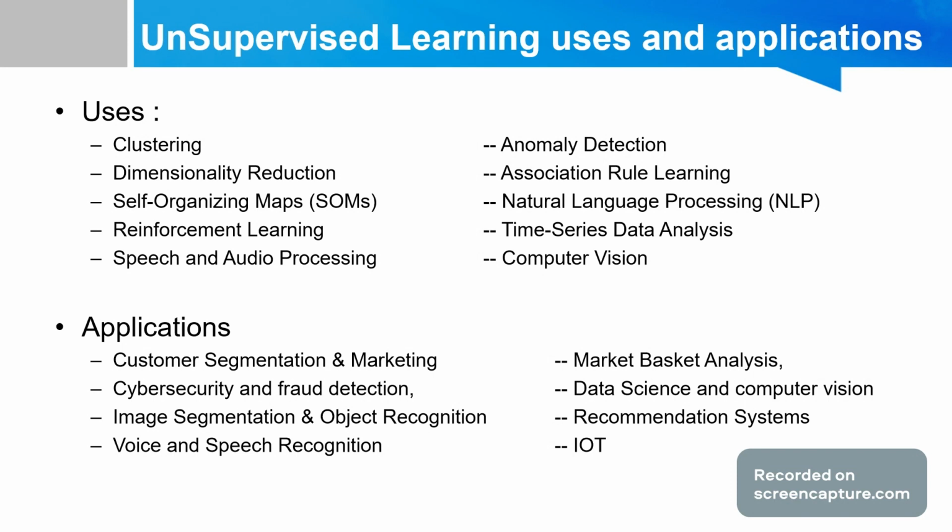Okay, what are the applications? Applications can be in fraud detection, customer segmentation, event segmentation, voice and speech recognition, IoT, where you have a drone camera, and based on the drone camera you have to find which object is where. So based on unsupervised learning, it should predict automatically that this object is present there, and you have to do something.